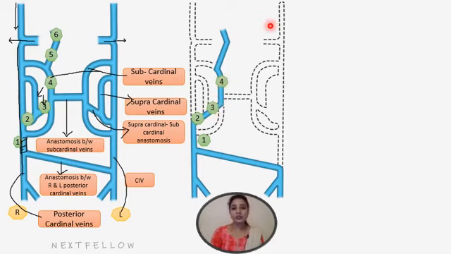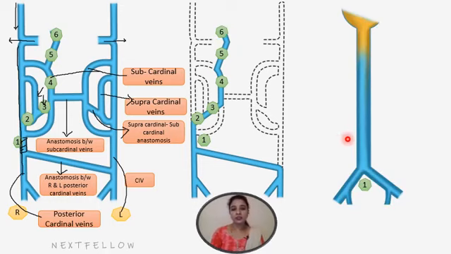The fourth one is the right subcardinal vein, renal segment. This forms the renal vein, so this is the renal segment. The fifth one is the anastomosis between the right subcardinal vein and the hepatocardiac channel. And the sixth one is the hepatocardiac channel.